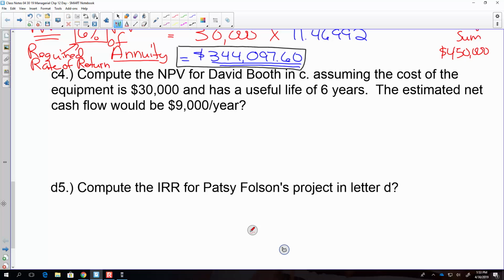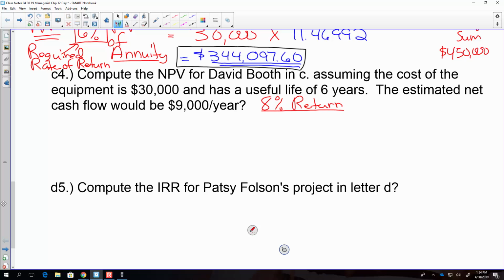The required rate of return is 8%. We're looking for an 8% return.